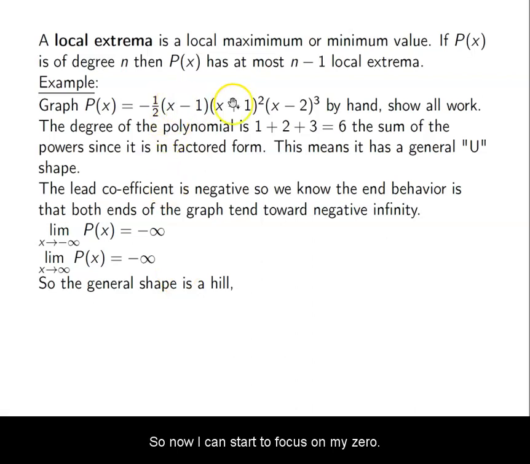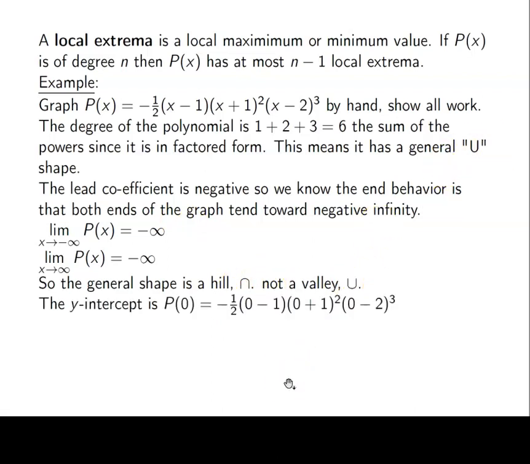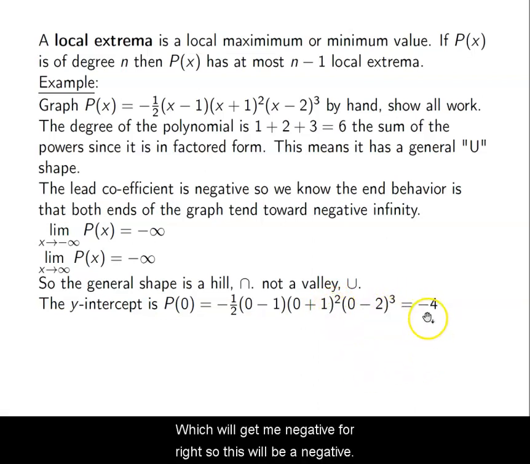So now I can start to focus on my zeros. It's going to be a hill, not a valley like a U. My y-intercept is what happens when I plug in 0 everywhere. So if I plug in x equals 0, I basically get negative 1/2 times a negative 1 times a 1 squared times a negative 2 cubed, which will get me negative 4.